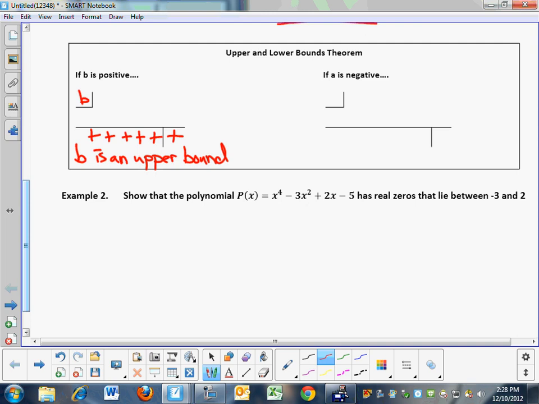If a is negative, and you plug a in, and you get alternating signs as a result, it doesn't have to be plus, minus, plus, minus. It can be minus, plus, minus, plus. And you could even have a 0 in there. Then you know a is a lower bound.